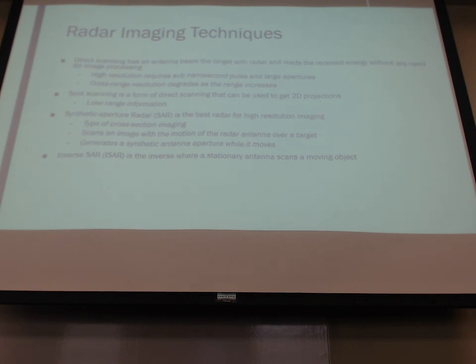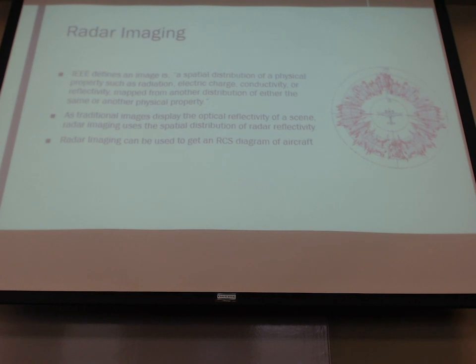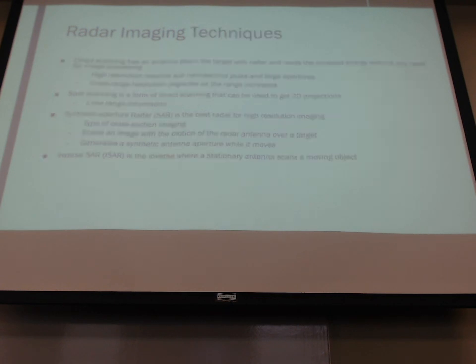Some of the techniques involve direct scanning, which is like a camera: you have an antenna with an aperture and some 3D object, and you scan an area. For example, if you had a plane stationed up, you would scan each part, take the measured data back, and use that to reconstruct images. That can be 3D images, which is what you start getting if you take all the data and wrap it around, or 2D images.